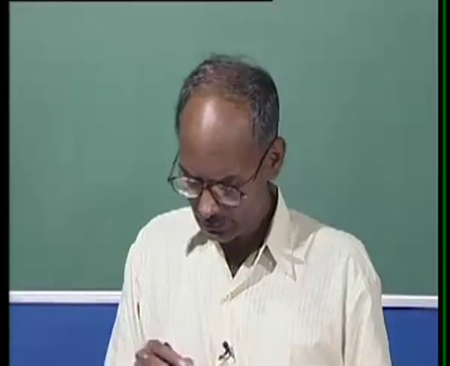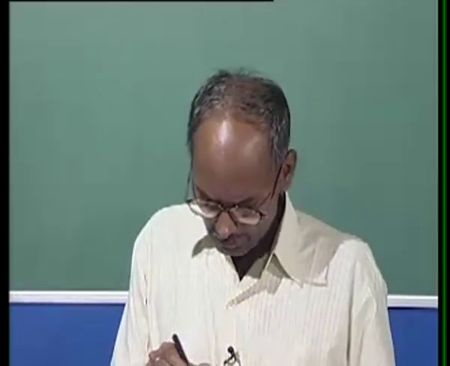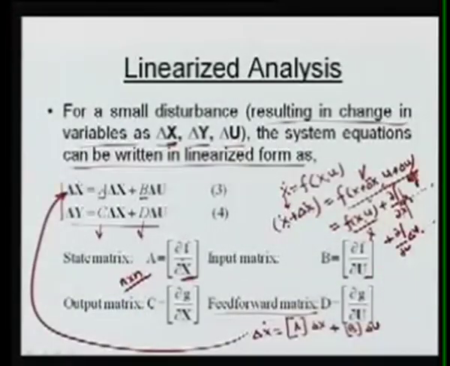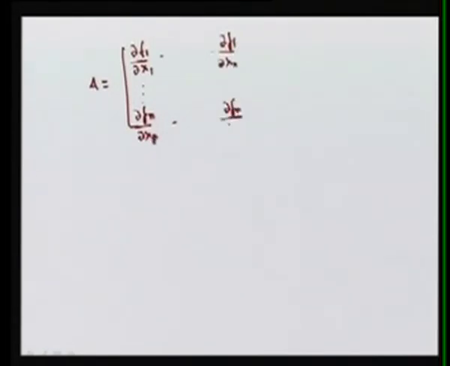Here I want to show matrix A and matrix B. A is nothing but, let's suppose we have different functions, so it is del f1 over del x1 to del f1 over del xn, down to del fn over del xn.